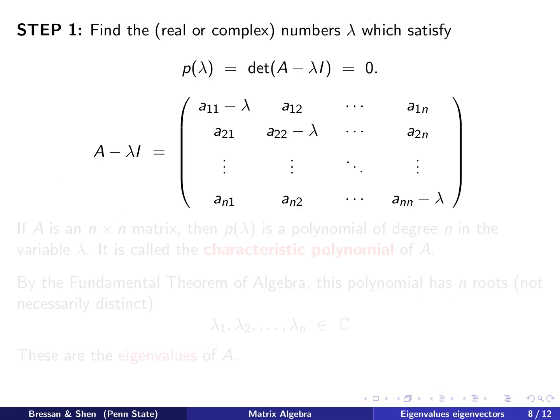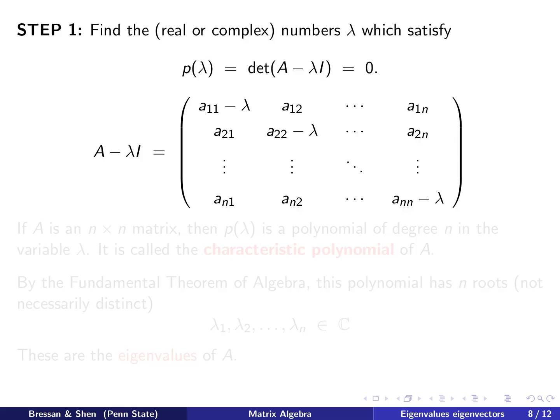Okay, let's go through the steps. Step 1, we want to find λ. It might be real or it might be a complex number, and it satisfies this equation: the determinant of A - λI equals 0. In the end, this determinant becomes a polynomial, which we call p(λ) to denote that expression.